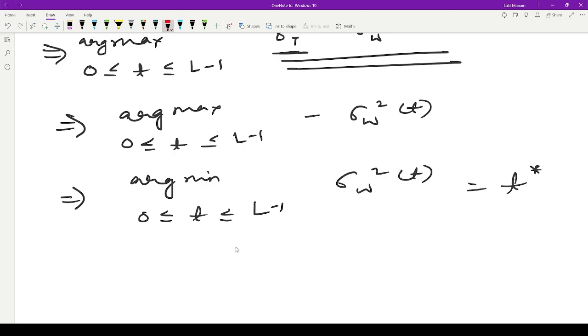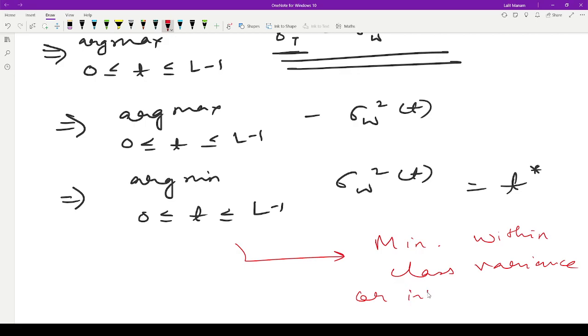So what this means is we are minimizing within class variance, or intra-class variance.